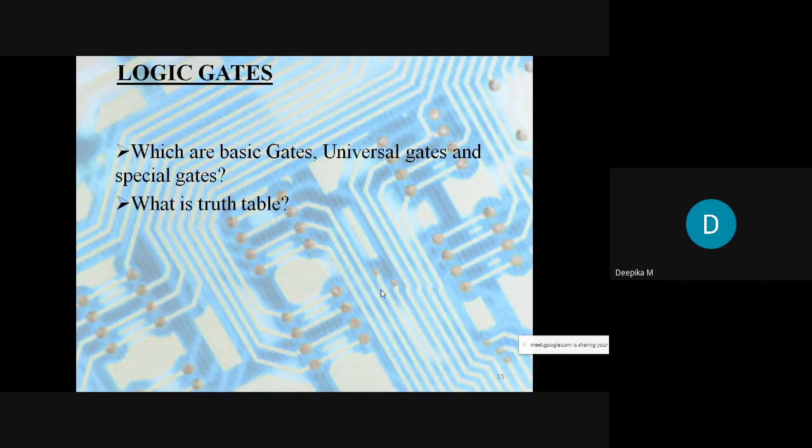In logic gates, the truth table plays a very important role. It is a table which gives the relationship between input and output, or it gives the explanation of the Boolean function we have implemented.